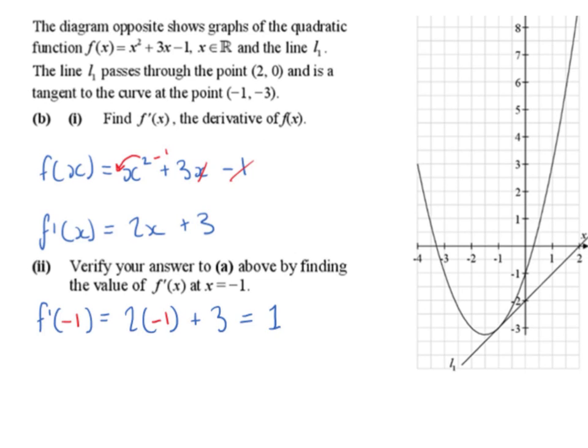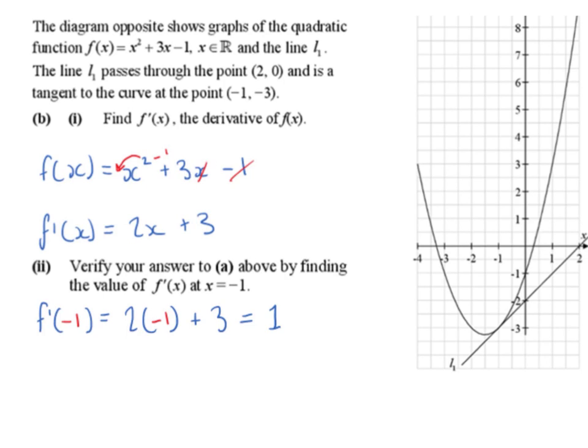So the rule for differentiating is we bring the power down in front and reduce the power by 1. So the derivative of x squared is going to be 2x, because we bring the 2 down in front, so we get 2 in front of the x, and we reduce this power by 1. 2 minus 1 is 1, and x to the power 1 is just x. So the derivative of x squared is just going to be 2x.